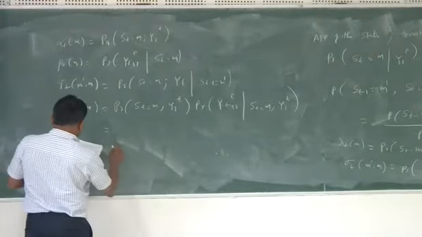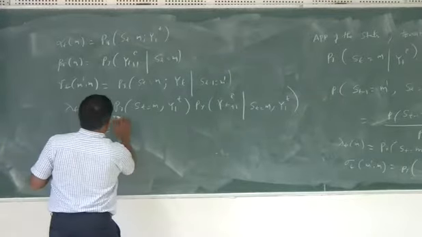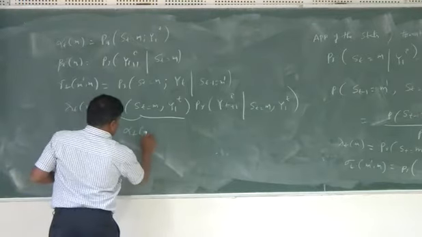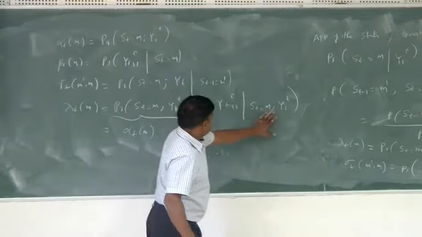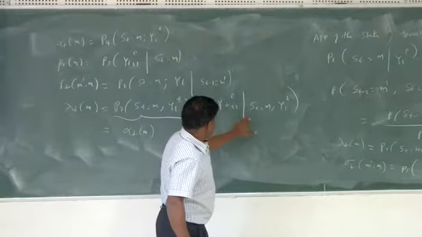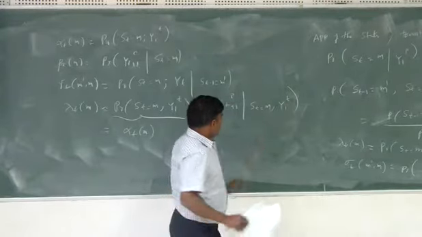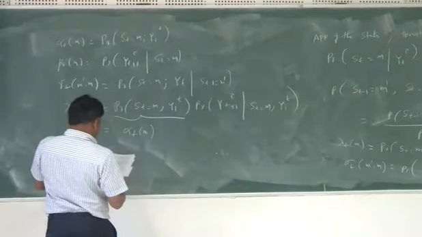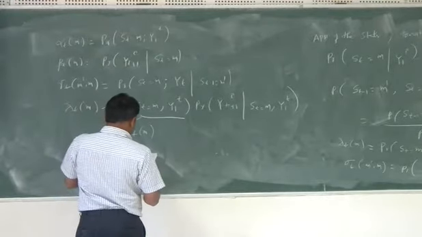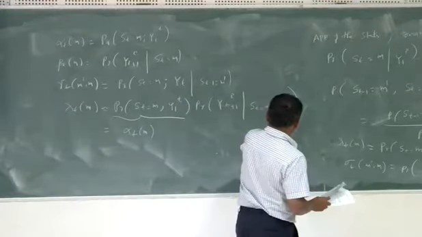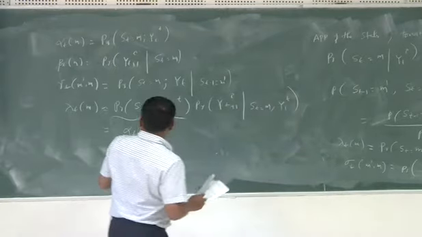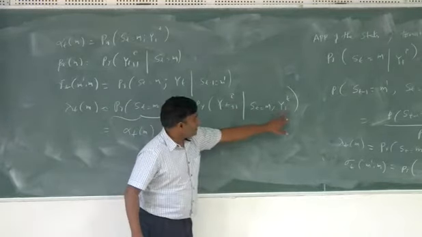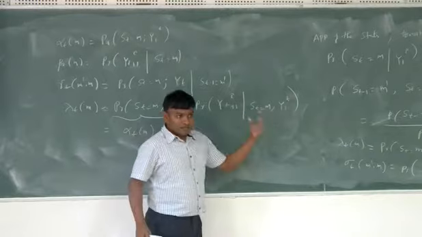That is equal to, well, this part is what? Alpha t of m, and this part is equal to probability of y t plus 1 to tau given st equal to m, and this part y 1 to t disappears because the state st is known, events after time t do not depend on y 1 to t.